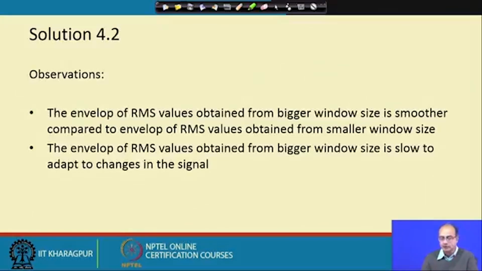So, there is a trade off, we cannot keep on increasing the window size. If we do that, then the change in the signal envelope may not be followed exactly, but so long as it is not affecting the tracking of the change of the envelope, we should keep on increasing the window size to get a smoother envelope.